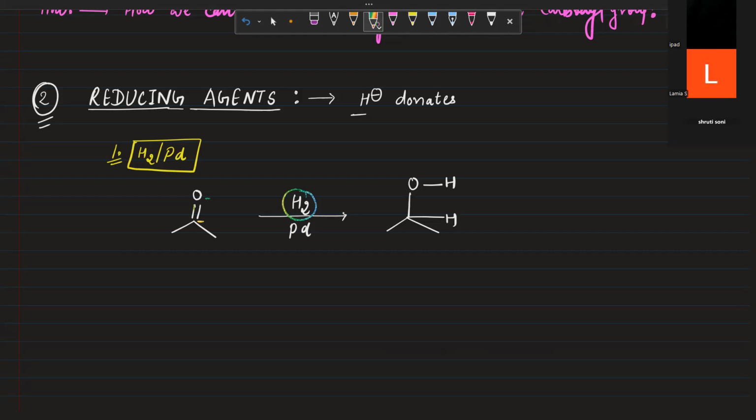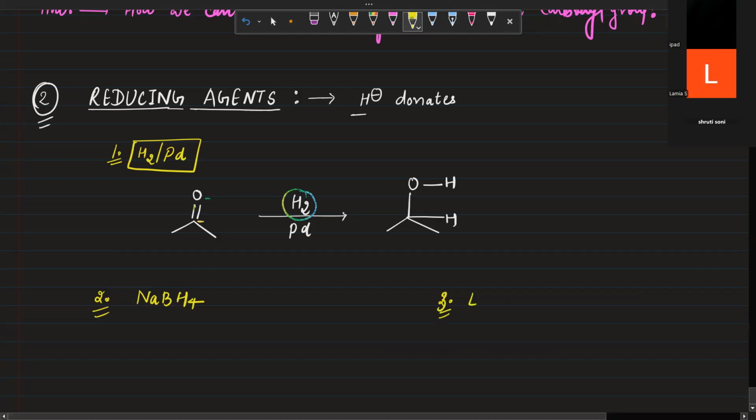Any doubt? No. So besides H2 palladium, there are two more reducing agents. The second is NaBH4, and the third is LiAlH4.